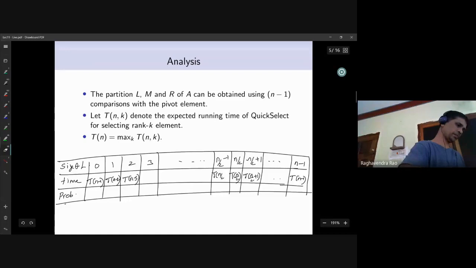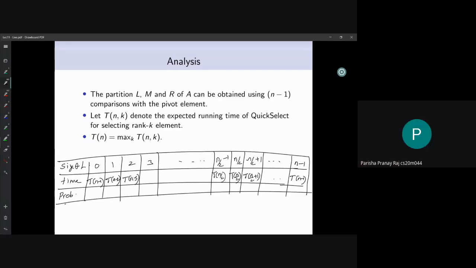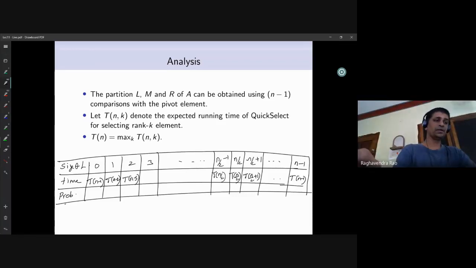Yeah, thank you. Sir, in this case, what is the value of k? We're taking the bad value for k, right? k should be greater than n/2. Any value greater than n/2 will yield this recurrence.